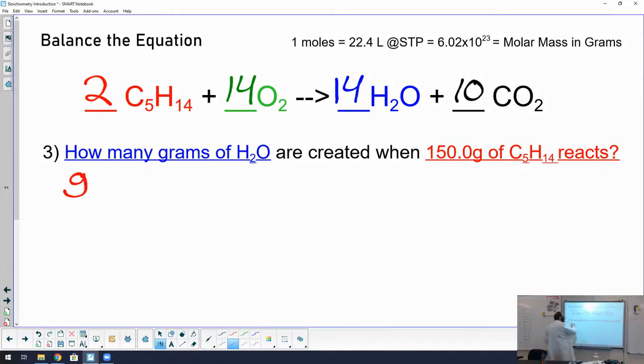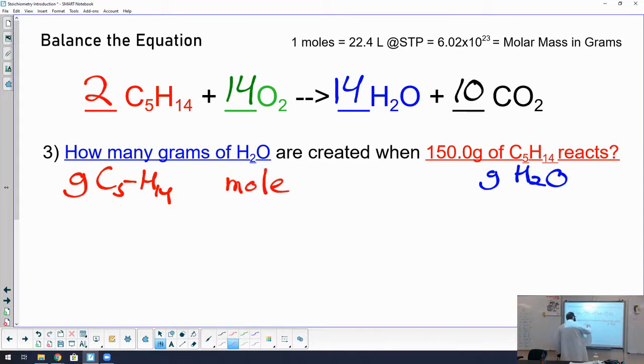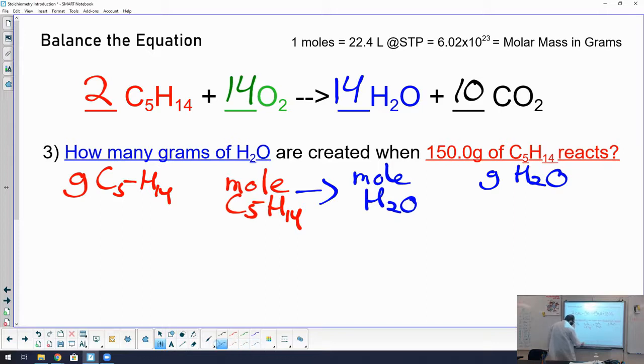Starting with my grams of C5H14, I want to turn them into grams of H2O. We need a mole-to-mole conversion. That is our heart. So at some point, I must convert my moles of my C5H14 into moles of water. Okay, this step is required to go between these two chemicals.